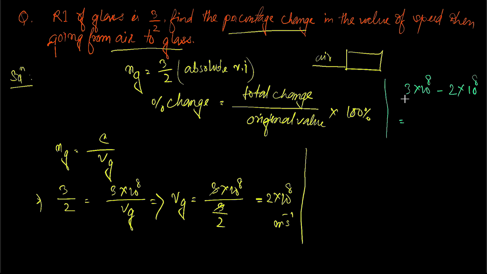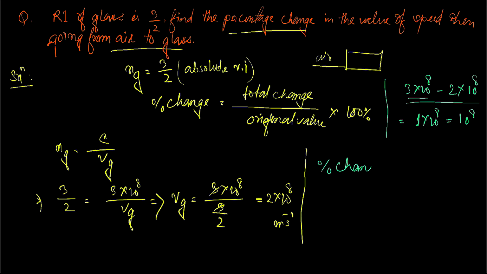If we subtract, the original value was 3 into 10 to the power 8, and we have got the velocity of light in glass as 2 into 10 to the power 8. Just subtract it, you are going to get 1 into 10 to the power 8, or simply 10 to the power 8. Now we will calculate the percentage change.